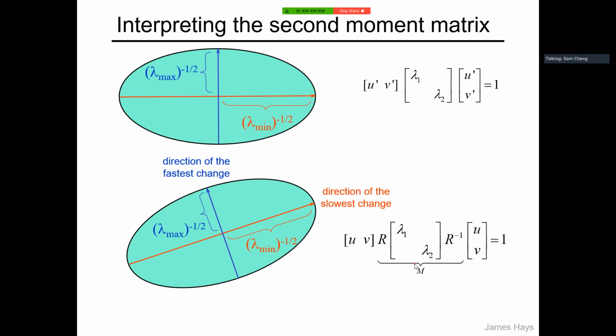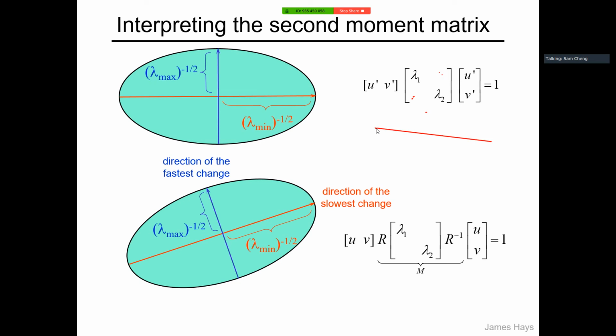Now you think of it this way. This is exactly the major and minor axis, right? After the off diagonal term is gone, the major and minor axes are just the x and y axes. That's basically what we have.